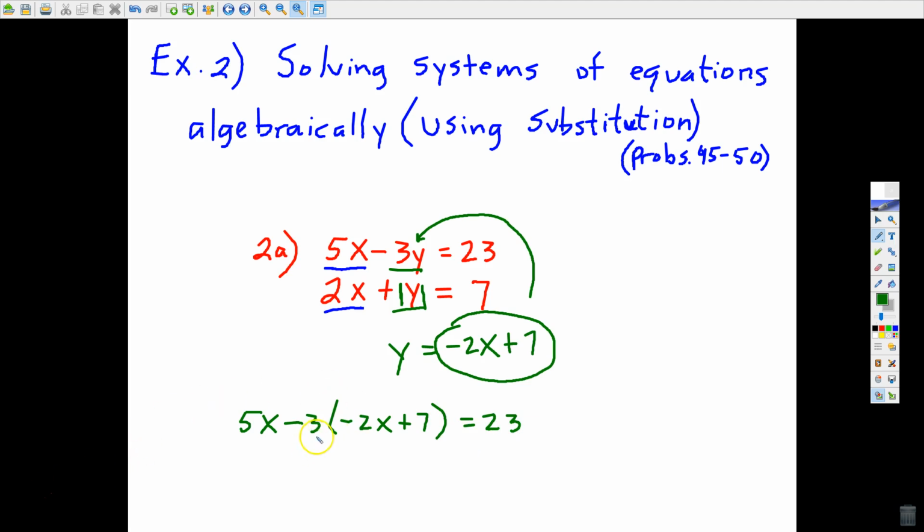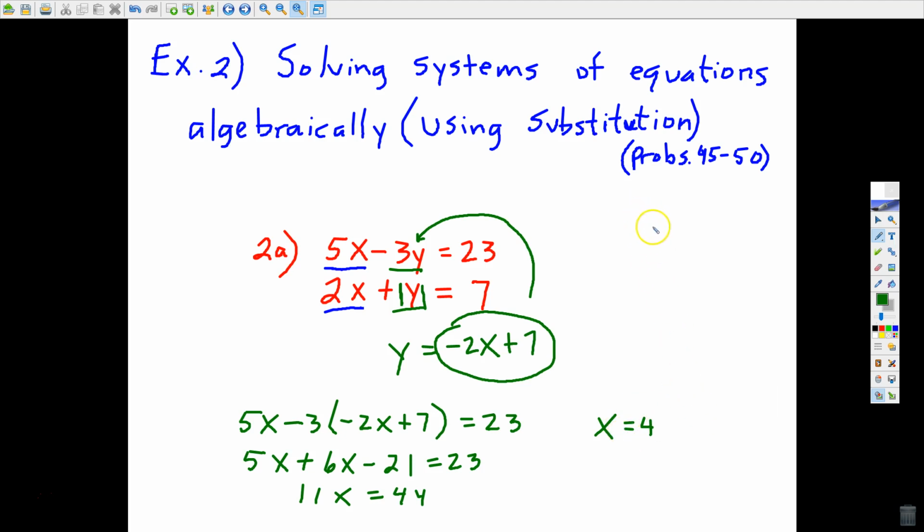So I'm going to distribute negative 3 to this quantity, and that result will give me 5x plus 6x minus 21 is equal to 23. Combining like terms, I get 11x, and I'm going to go ahead and add 21 to both sides. 11x is equal to 44. So I get my solution for x, and that will be 4.